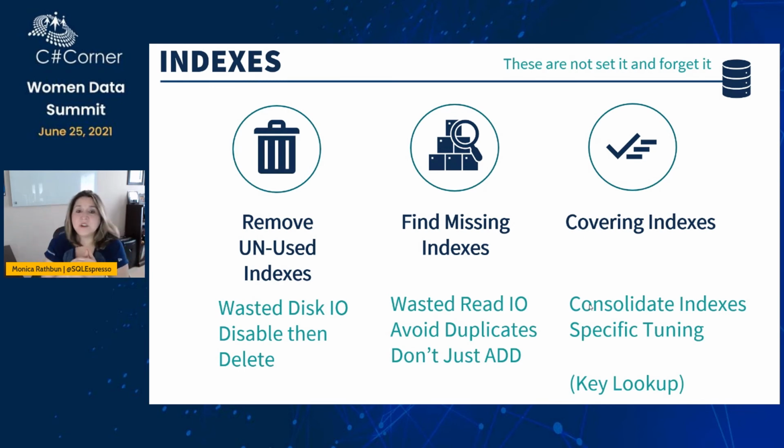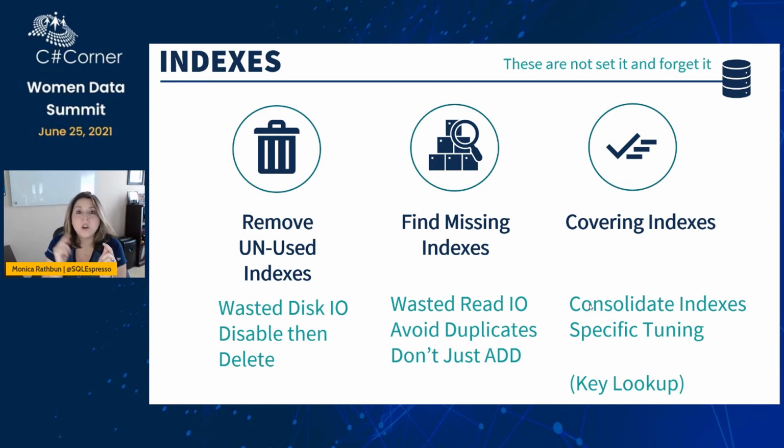Now that leads me to missing indexes. Everybody's seen an execution plan where it actually says you're missing an index and will tell you how much improvement that has. Guess what? Please don't do that. I want you to go ahead and look at the query you're running and look at the index that it's actually told you to do. First step when it does that is to script out that index and look and see if you have an index that already exists.